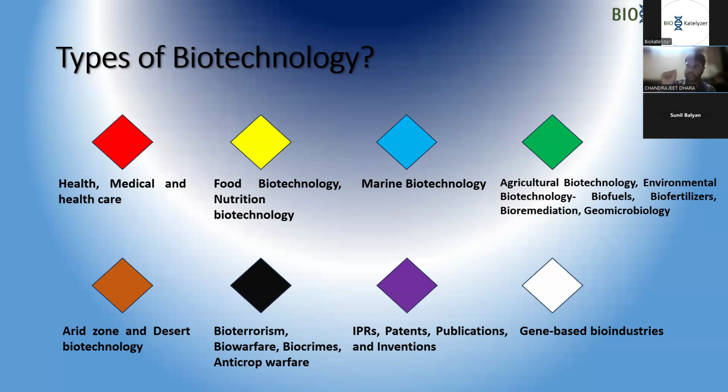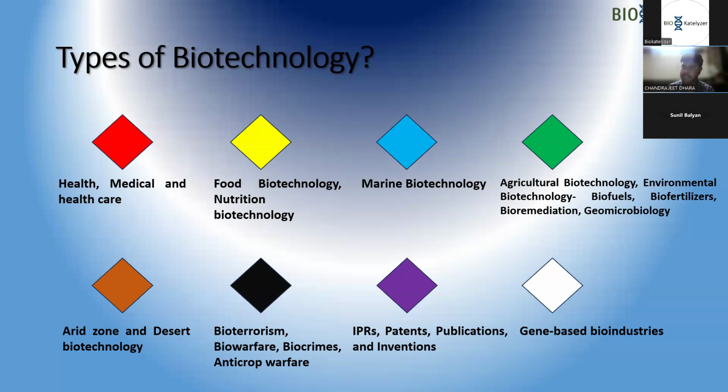Like this particular invention is mine, so I am protecting my invention with the help of the government, the Indian Patent Office. We will talk about it in some later webinars. Patents, publications, the researchers who are publishing their research in different domains of their interest, that will come under violet biotechnology.